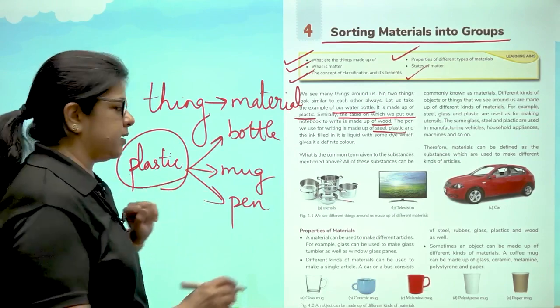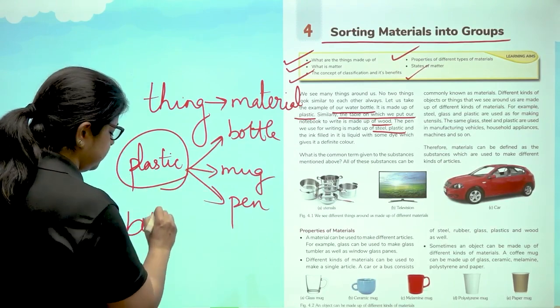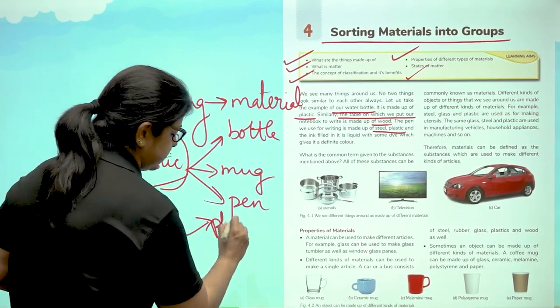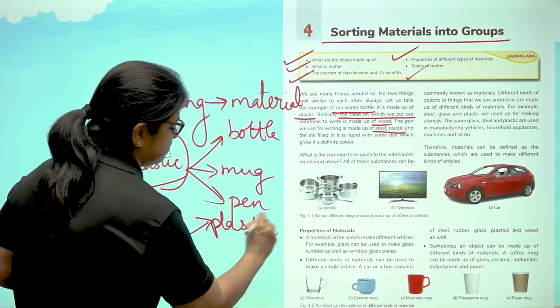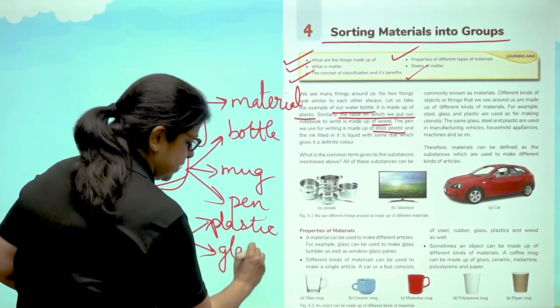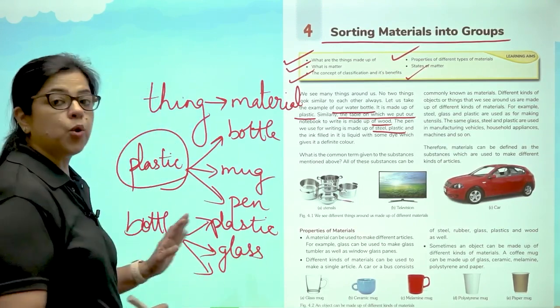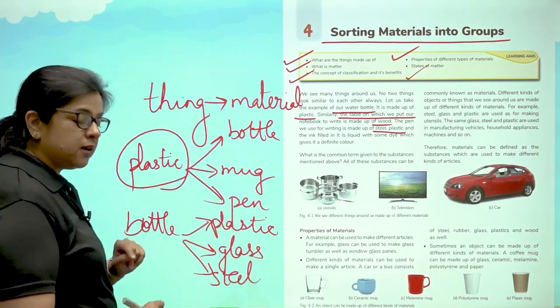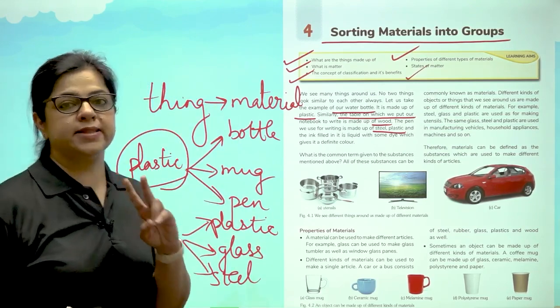Another amazing thing. If I talk about a bottle, I can make a bottle out of plastic. I can make a bottle out of glass. And I can make a bottle out of steel. So what do we learn here? We learn two things here.